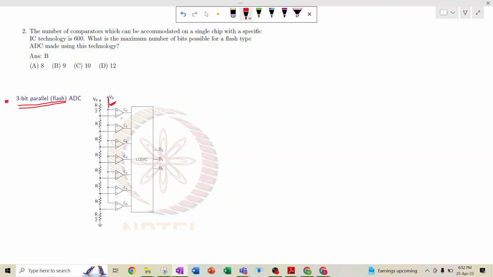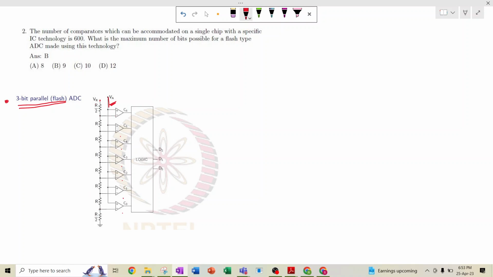We can see this is the first comparator, 1 2 3 4 5 6 7, all 7 comparator circuits. We give them this VA, the analog input signal, and in the inverting terminal we give the reference signal.